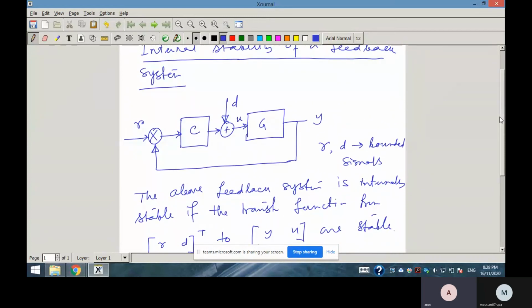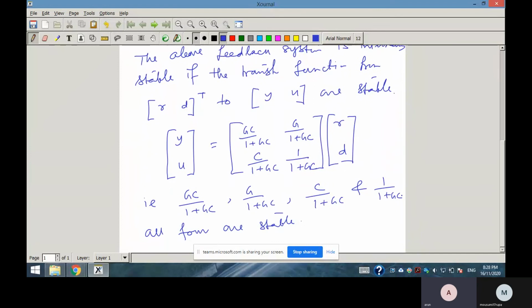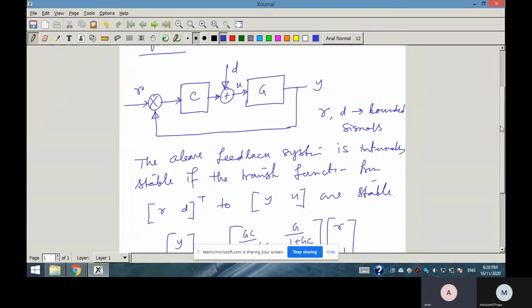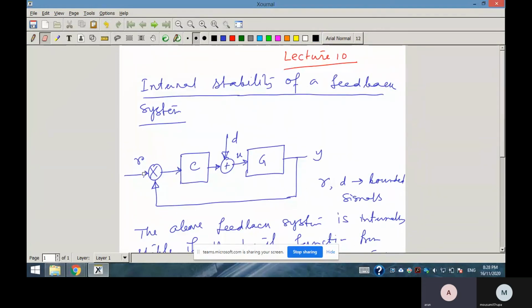So this is a very important result in feedback control systems. If you are thinking that R to Y is stable, that is, your reference input to output transfer function is stable, that means your system is internally stable.